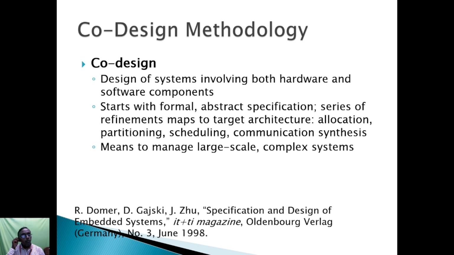It starts with a formal abstract specification, then a series of refinements mapped to the target architecture: allocation, partitioning, scheduling, communication, synchronization, to manage large scale and complex systems. Co-design means we design software and hardware combined together. That is called co-design.